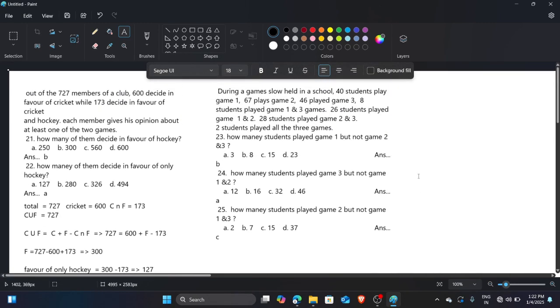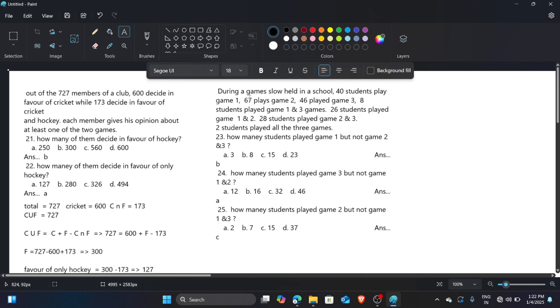Now, one other way to solve this type of question, based on set theory, is a Venn diagram. So this question we try to solve with the help of a Venn diagram, and you can use a similar method in this question also.